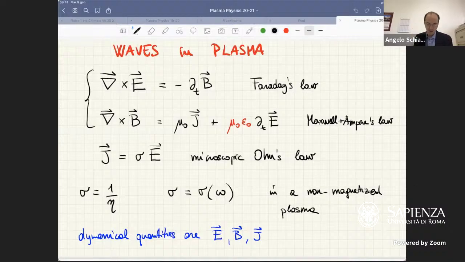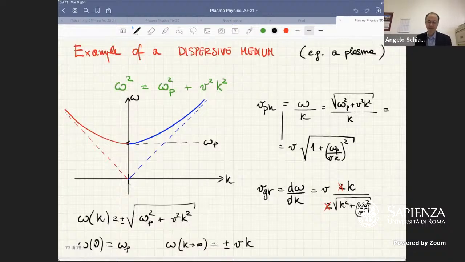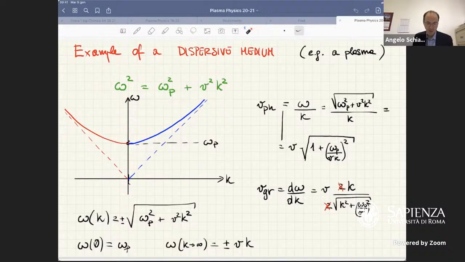So let's see, okay, this is an example of a dispersion relation, the one we are going to see today as well, in many different forms. So we have something that links the omega, the angular frequency, to the k number, the wave number of the wave.